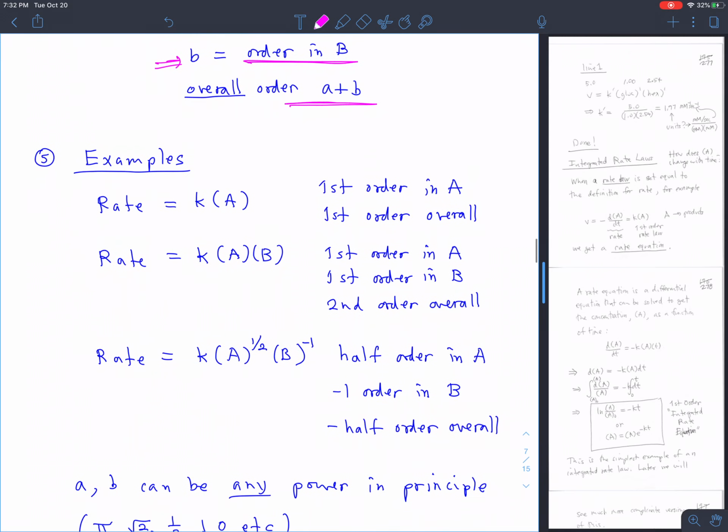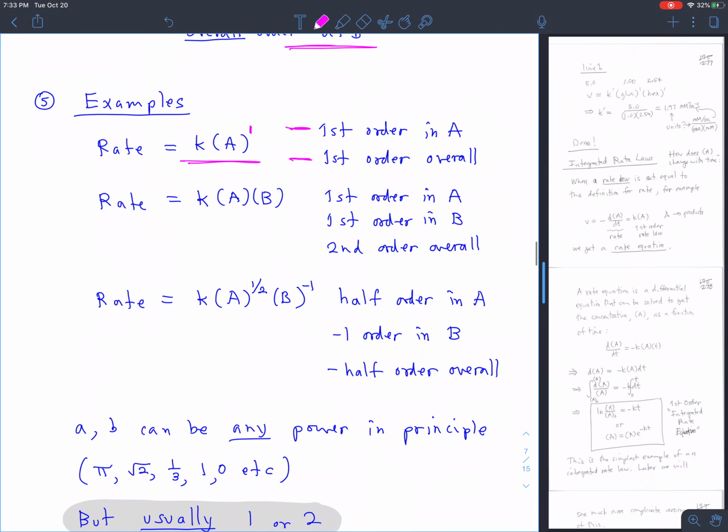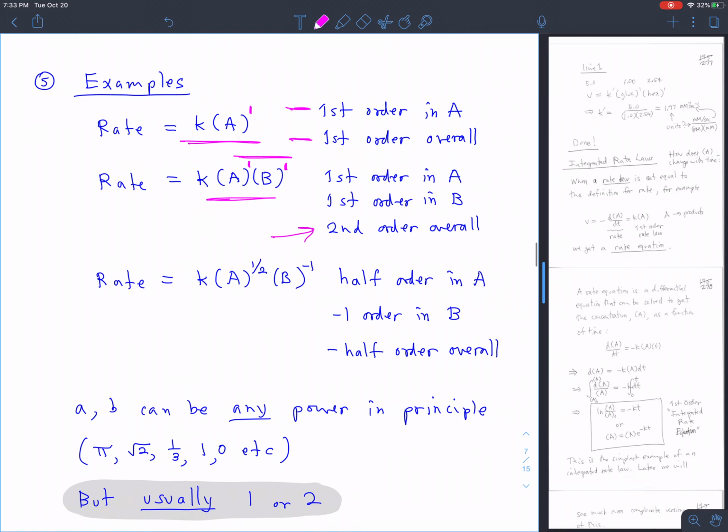So for example, down here, if this is my rate law, just one chemical species, and it's only to the first power, right? There's an implied 1 there. That means it's first order in A, and it's first order overall, because there's no second exponent. Here's another rate law, which is first order in A, right? And first order in B, but the sum of the two is 2, so it's second order overall.